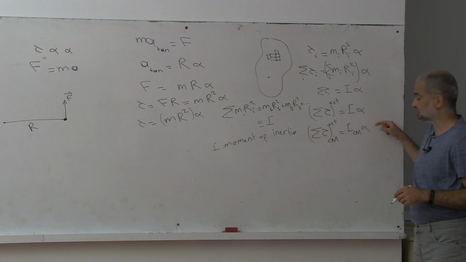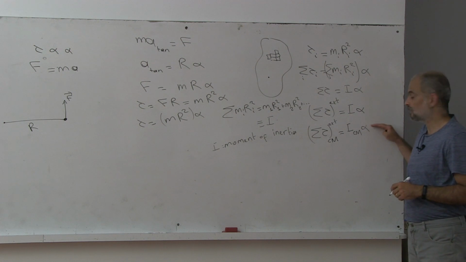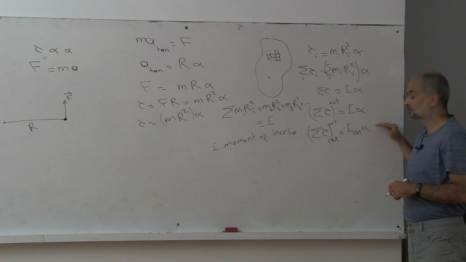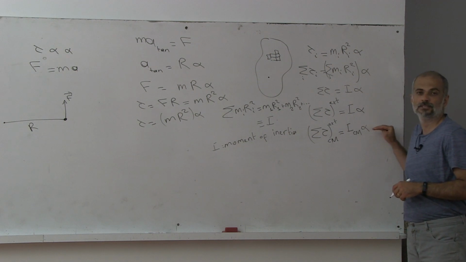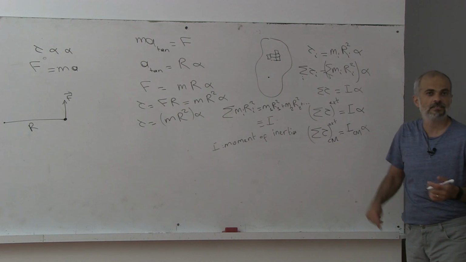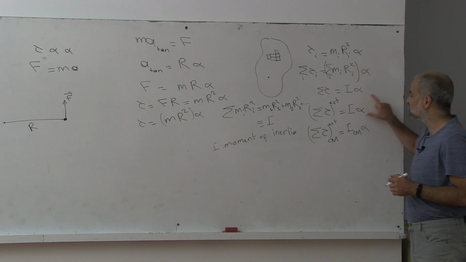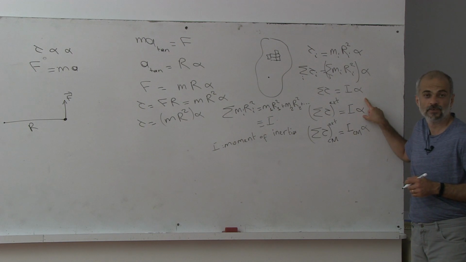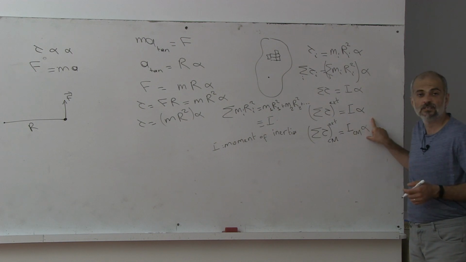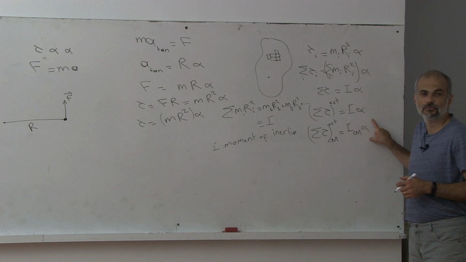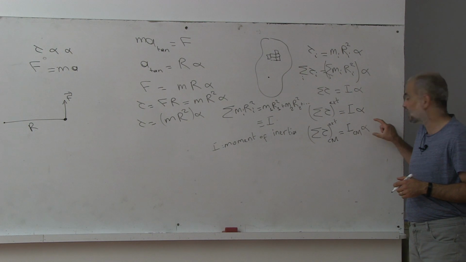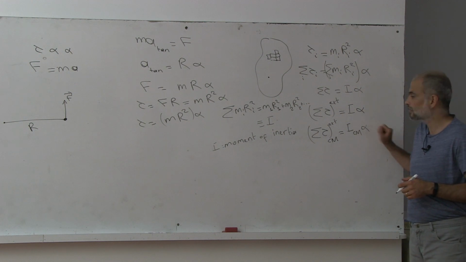Now, this expression, the second line, is valid if the axis is passing through the center of mass and if the direction of the axis is fixed, but if the center of mass is accelerating, then the axis might be accelerating. So this is valid at all times if the axis is fixed. This is valid when the axis might be accelerating, but it should be passing through the center of mass, and it should have a fixed direction.